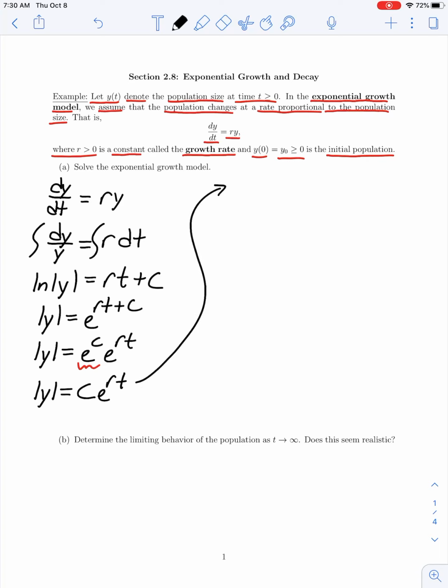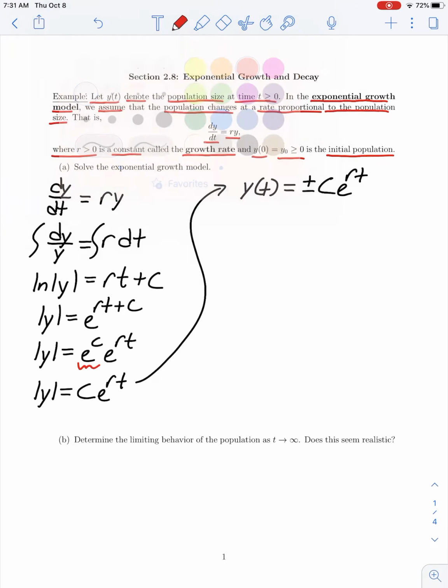Now to solve for y, I need to eliminate the absolute value. So here, if the absolute value of y was c e to the rt, that means that y would be positive or negative c e to the rt.